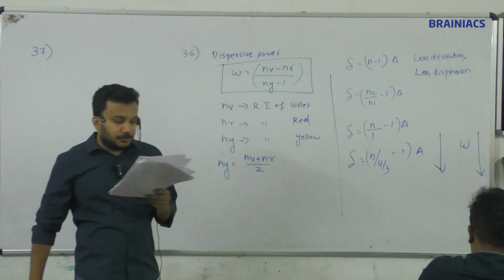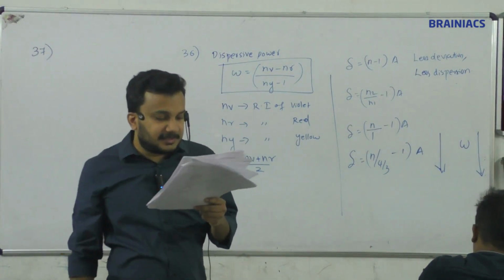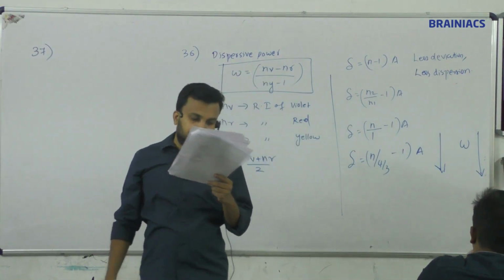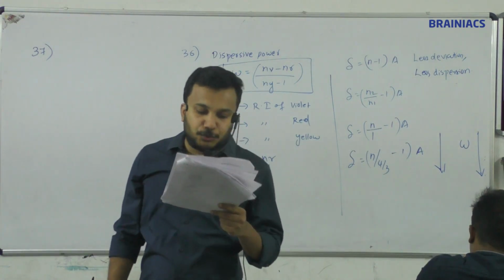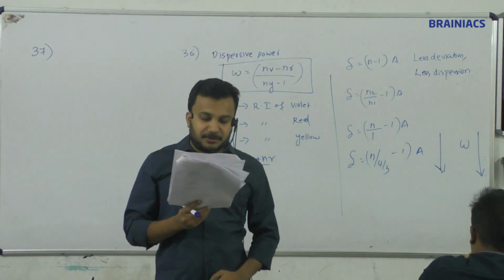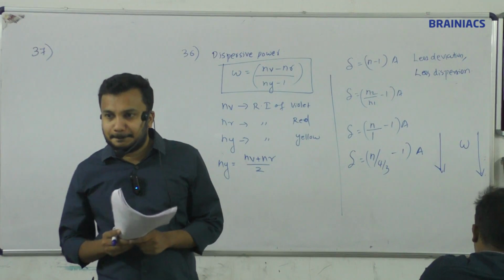Okay, question number 37. A plano concave lens is placed on a paper on which a flower is drawn. How far above the actual position does the flower appear to be? So what will be the concept here? Apparent depth, original depth, or something else?